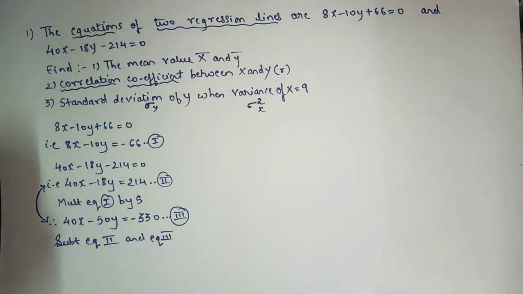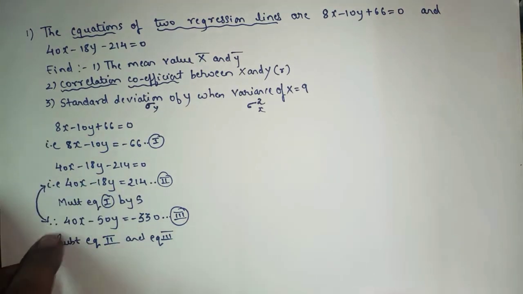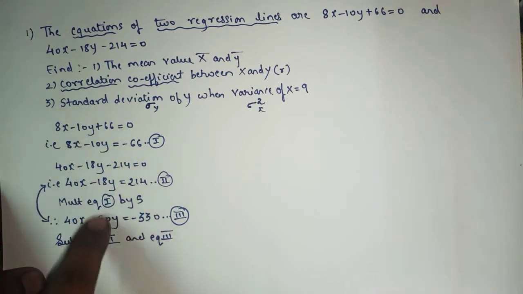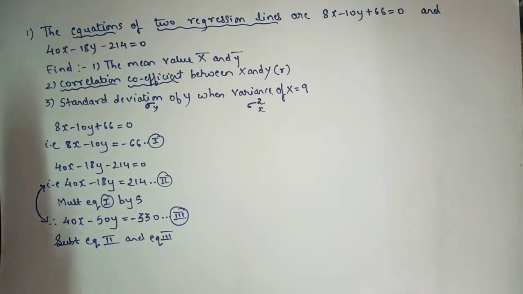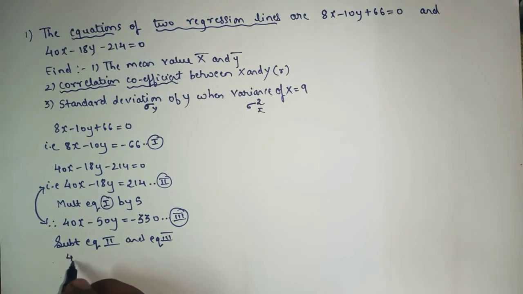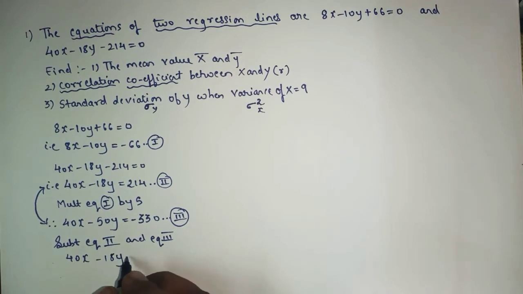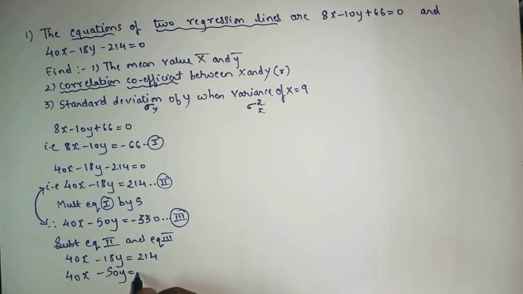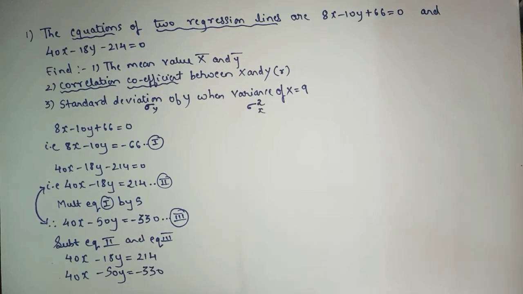The 40x will get cancelled and you will get the value of y. Substitute the value of y in any one of the equations to get the value of x. So the next step is: 40x minus 18y equals 214, and here 40x minus 50y equals minus 330.